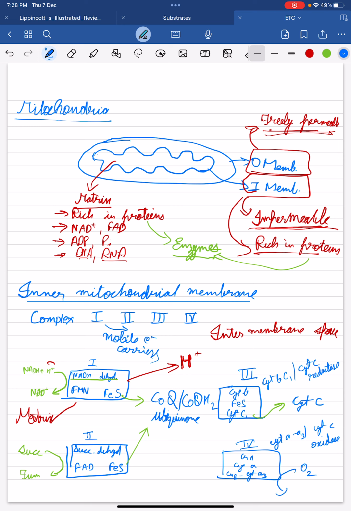So the oxygen will bind here, and the electrons which were transferred from cytochrome C to the cytochrome AA3, with the help of these copper centers, the electrons and the free hydrogen ions or protons are brought together, and there is formation of water. The oxygen is reduced to form water.